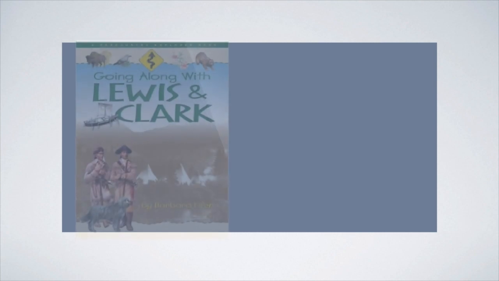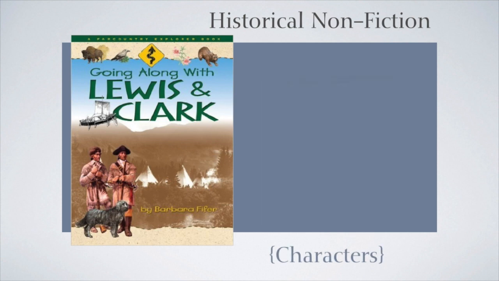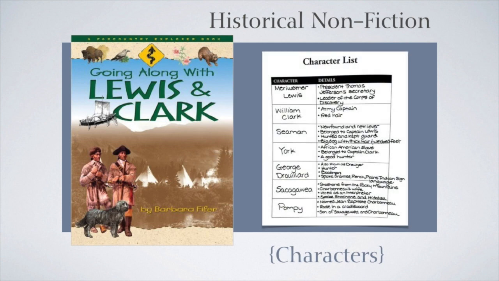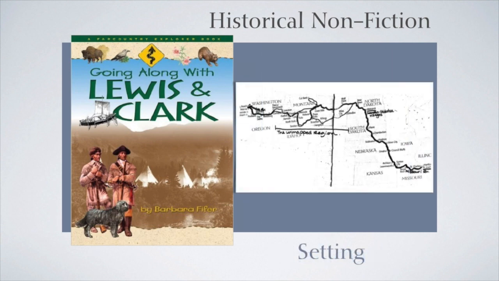In Going Along with Lewis and Clark, a historical nonfiction text by Barbara Fifer written in descriptive structure, students will be able to track characters including people like Meriwether Lewis and William Clark, groups of people like the various Native American tribes, as well as things such as the Corps of Discovery dog Seaman. Students will also be able to track the setting.